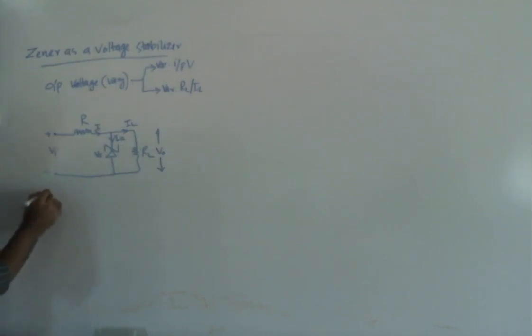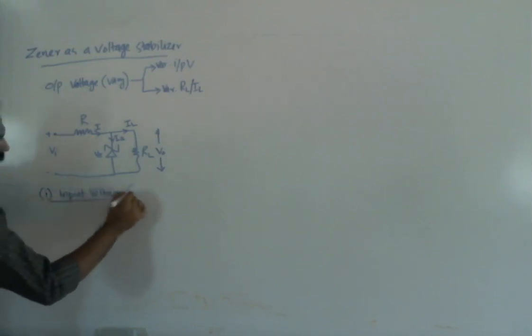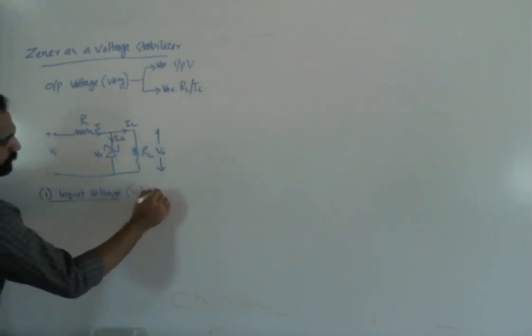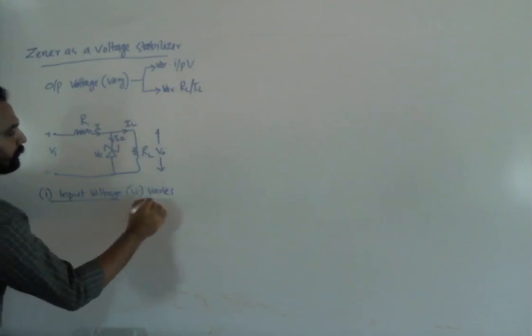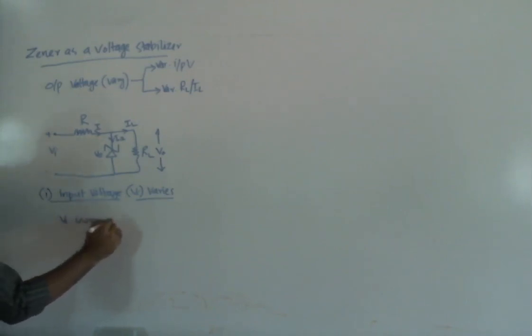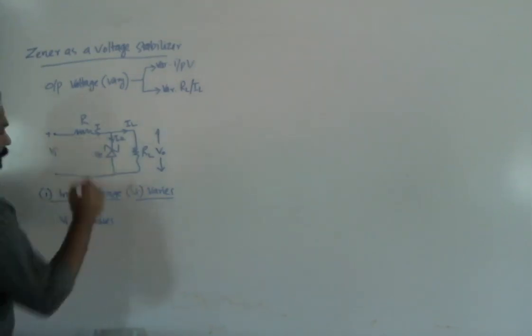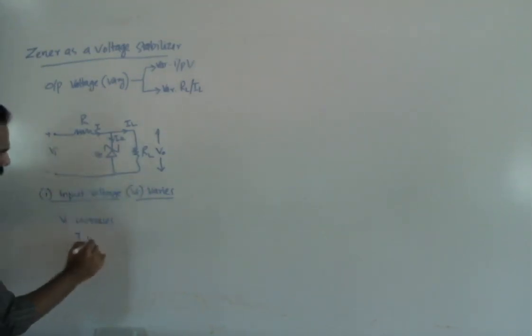First of all, we will consider that there is a variation in the input voltage. Vi varies. This is the first condition. Suppose Vi increases. When Vi increases, the current I drawn from the battery will increase.